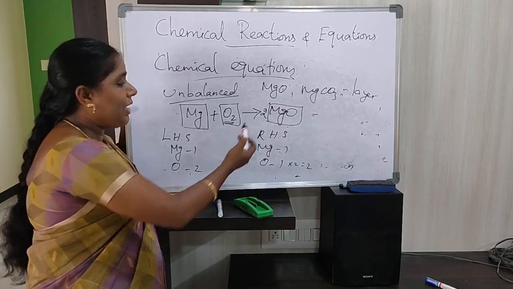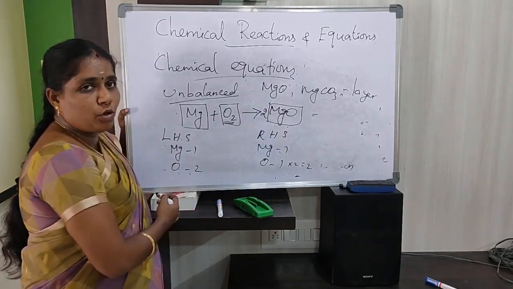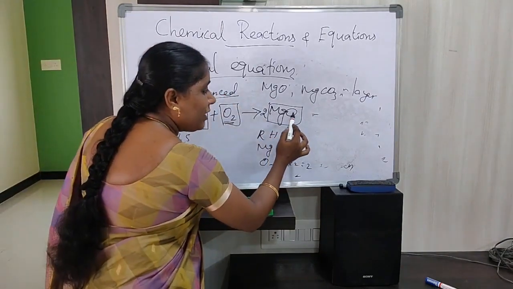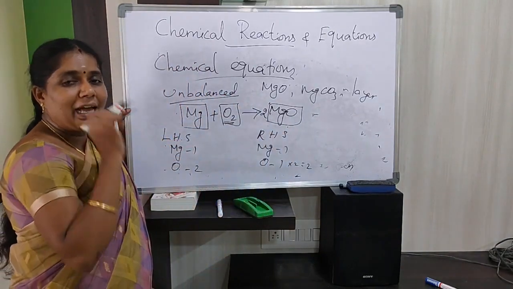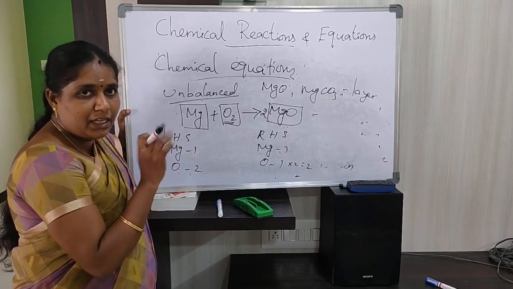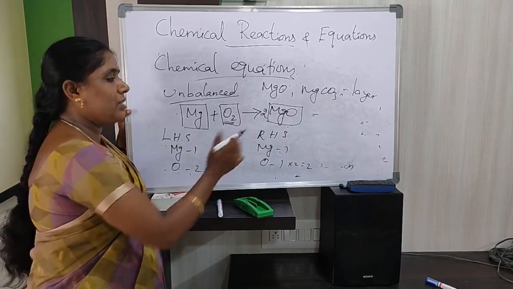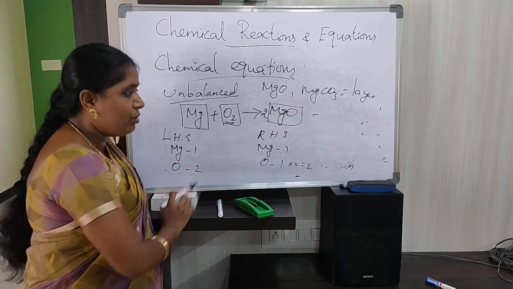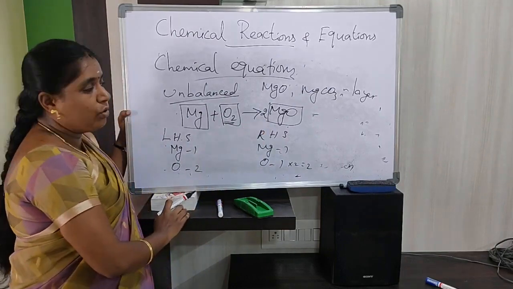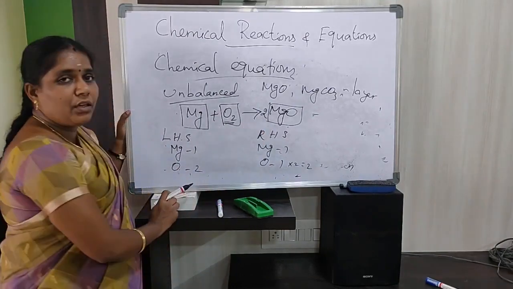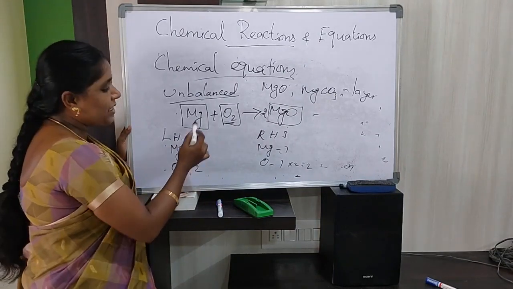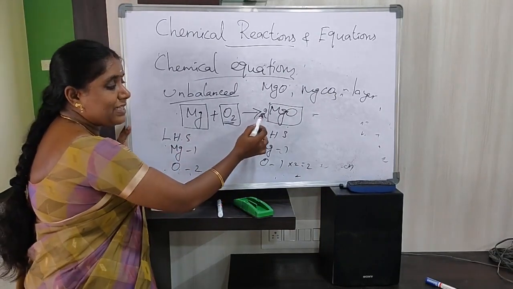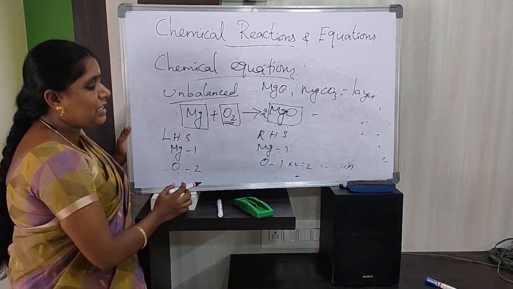How will you multiply? No need to change anything here, because during balancing we should not change the symbols and formulas. So you add 2 in front of the magnesium oxide: 2 MgO. Now check the equation. How many magnesium on the left side? 1. But on the right side we have 2 magnesium.